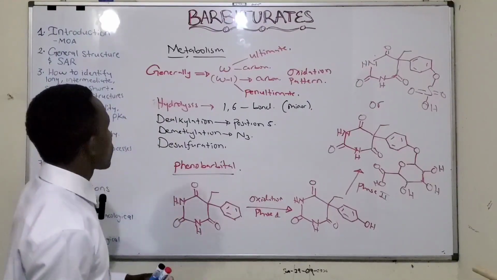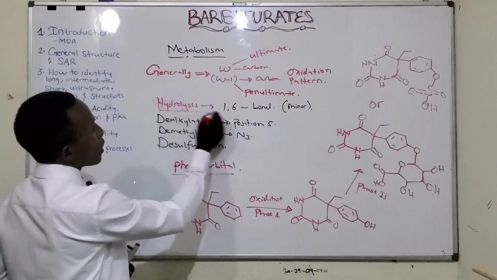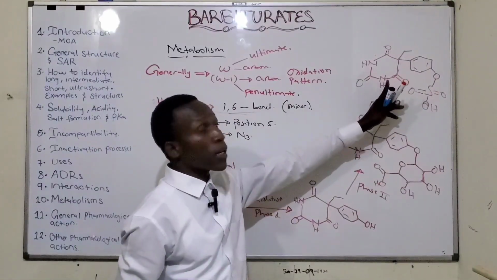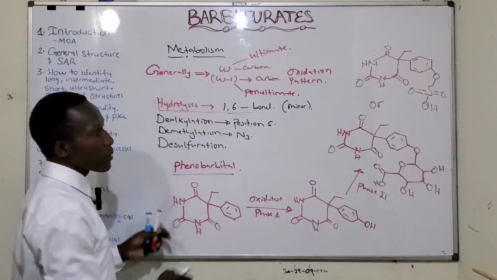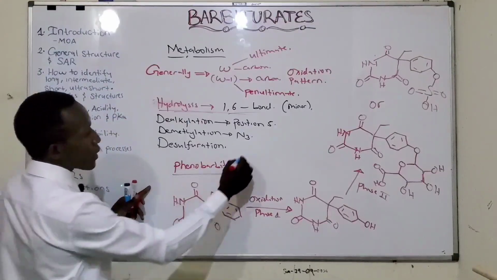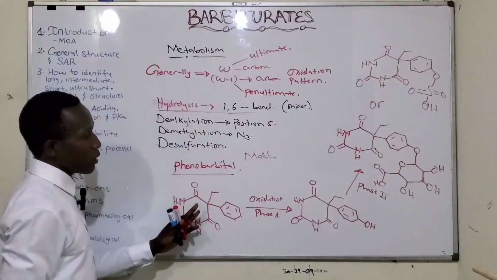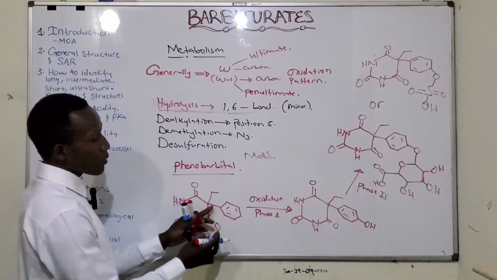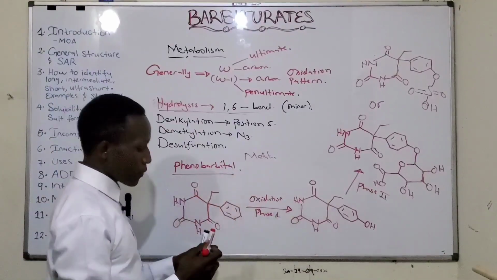Again, we can also have breaking of the ring. This ring can break. Let's see how it happens using this same phenobarbital. Remember, drugs like methylphenobarbital can undergo the same mechanism.